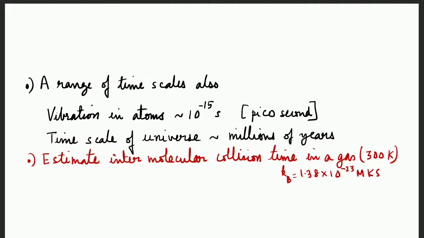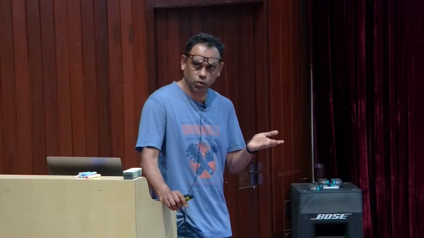Can you just take 1 minute and try to see whether you can work this out? This is using your knowledge of ideal gas. There are many things you learn about ideal gas in the beginning. Treat it as an ideal gas and try to find out. And we also know that the distance between the molecules is roughly 1 angstrom.